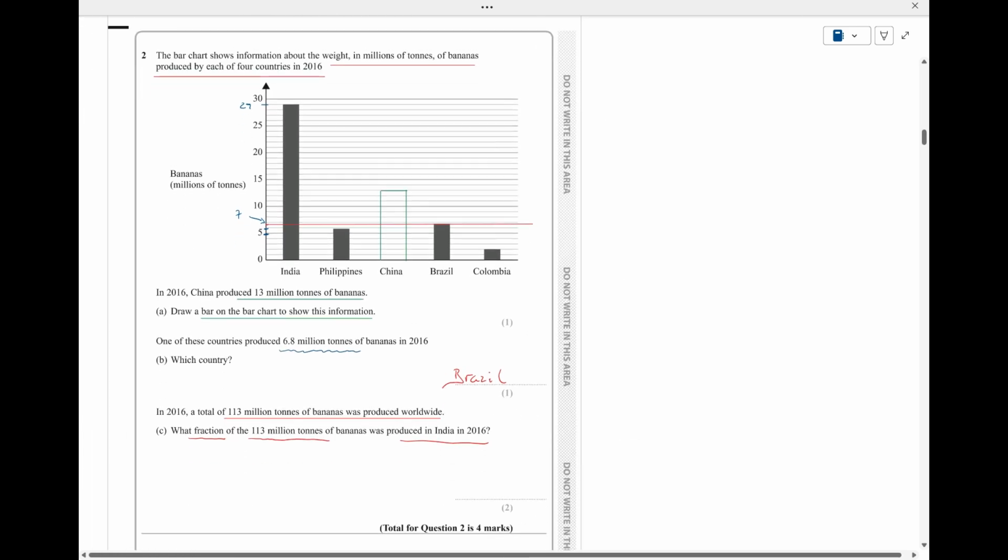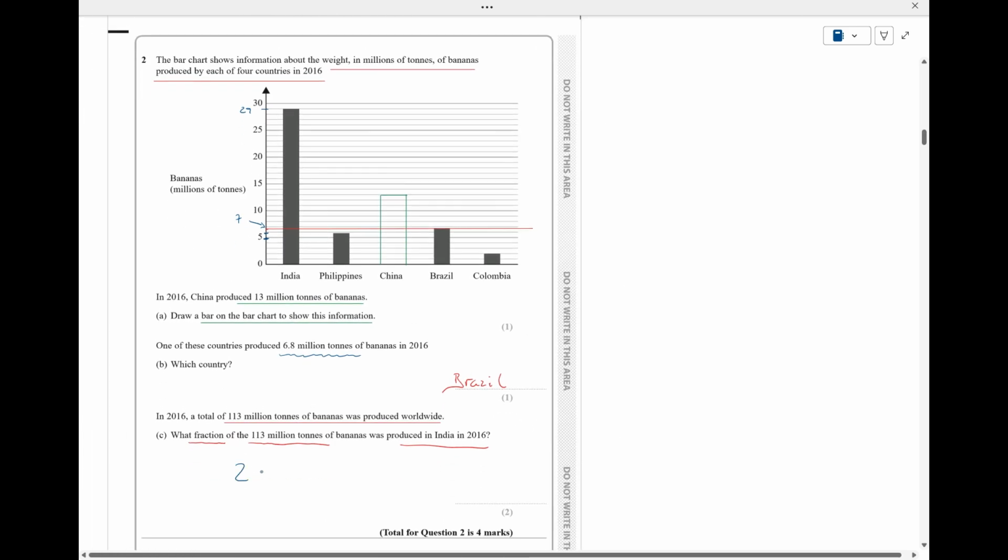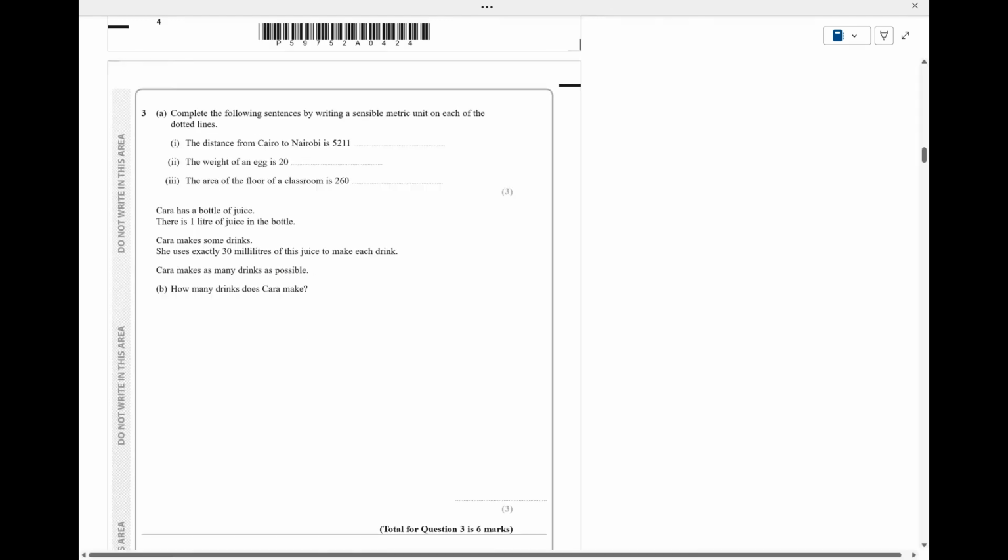So India must have produced what fraction? 29 out of the 113 million tonnes. So what fraction was produced by India? 29 113ths.